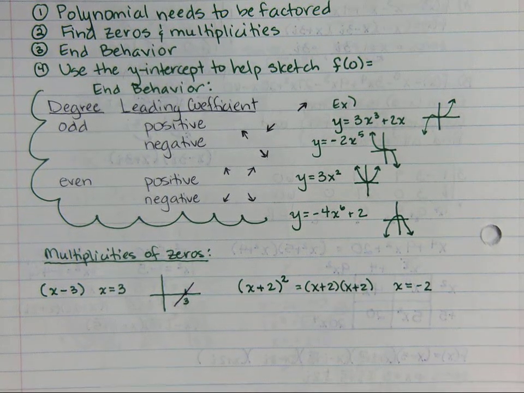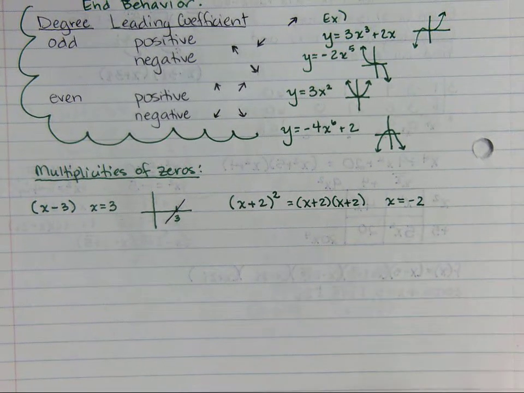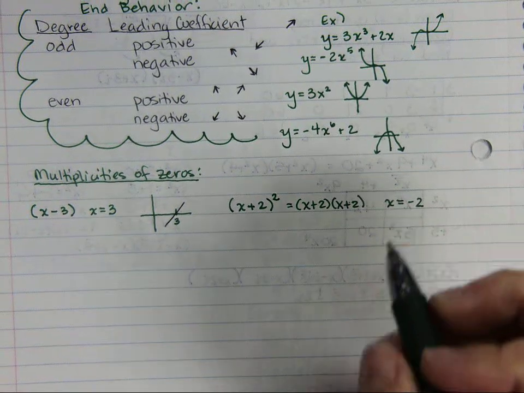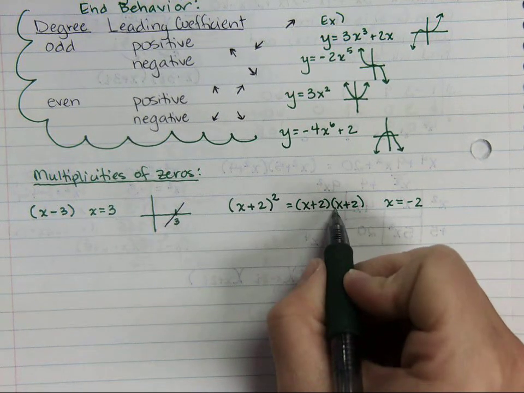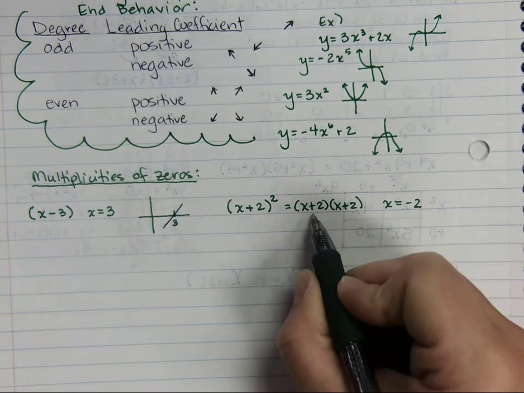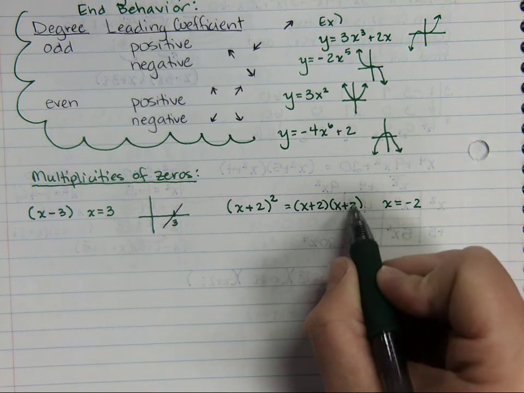So what this means is that our 0 is duplicated. And not only is it duplicated, but it does something special. So when I have two factors of the same type, I only have one 0. I mean, a negative 2 is the 0 for this factor, but it's repeated or multiplied on the second factor.